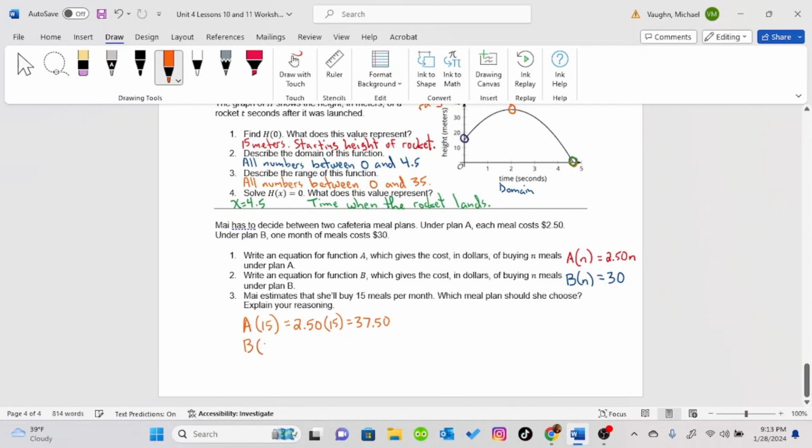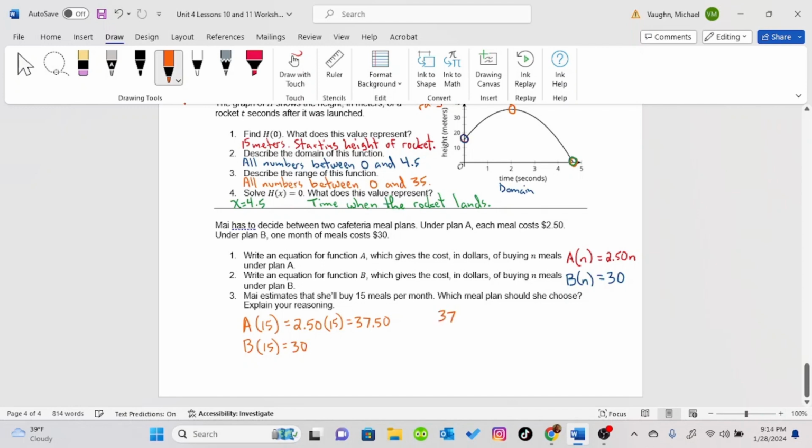B of 15 equals $30 because it is a flat rate that does not depend on the number of meals. So now if we compare, Plan B is $30, Plan A is $37.50.